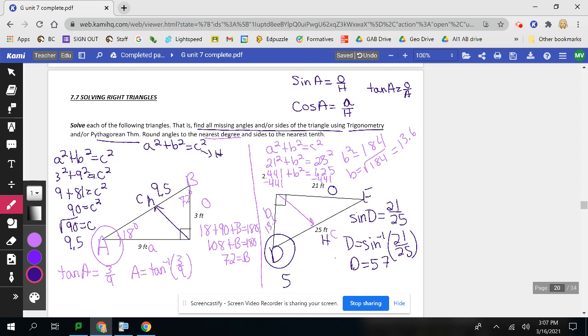So it's 57 plus 90 plus E equals 180. And I solve that. And E equals 33 degrees. So my missing side is 13.6, and my missing angles are 57 degrees and 33 degrees.